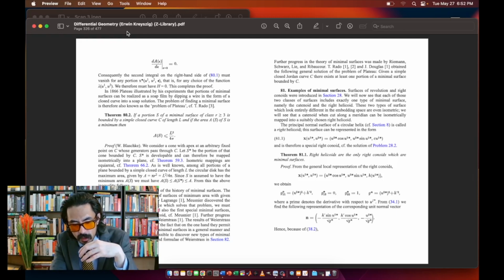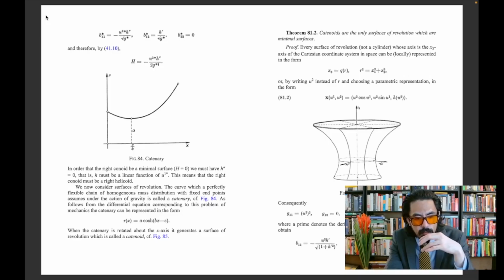So hence, because of 38.2, b11 star is equal to the negative fraction u2 star times h double prime all over the square root of g star. And this is a component of the second fundamental form. b12 star is equal to h prime over the square root of g star, and then b22 star is equal to 0.